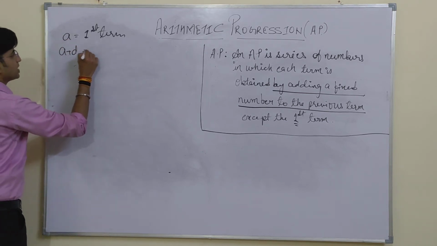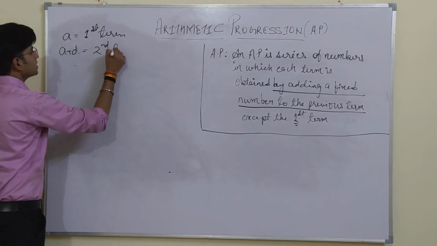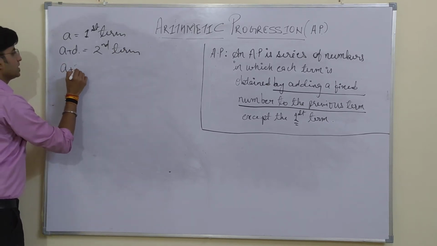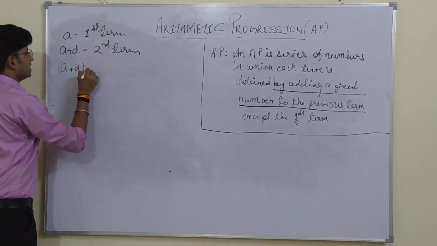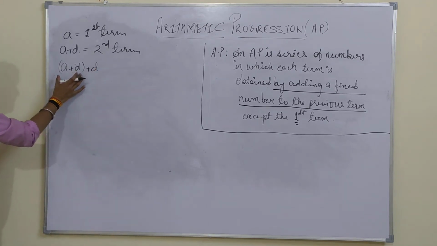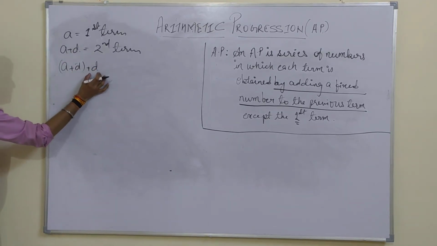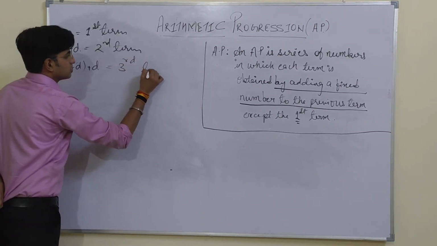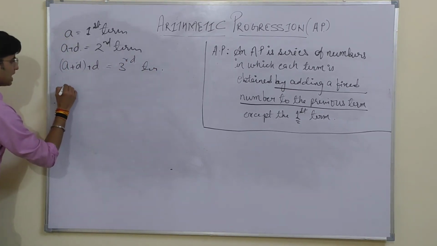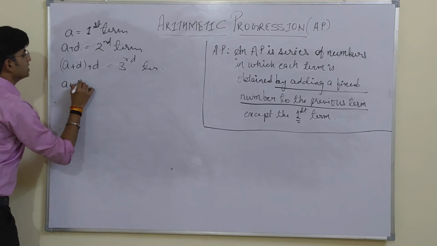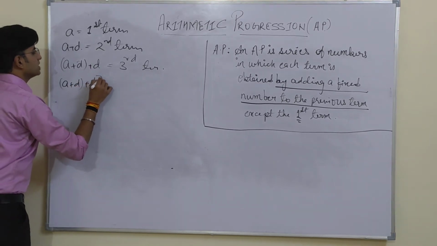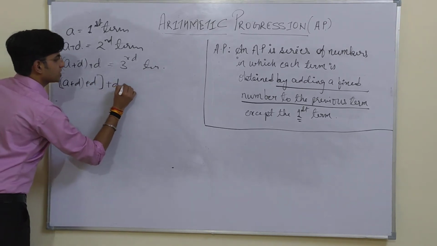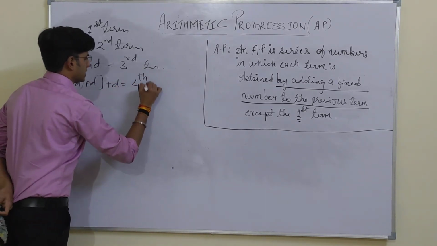It would make the second term. Likewise, the third term would be a plus d plus d, because a plus d is the previous term, and adding the common difference to it would make the third term. And likewise, a plus d plus d plus d. This is the previous term, and now I have added the common difference to it. It would make the fourth term.